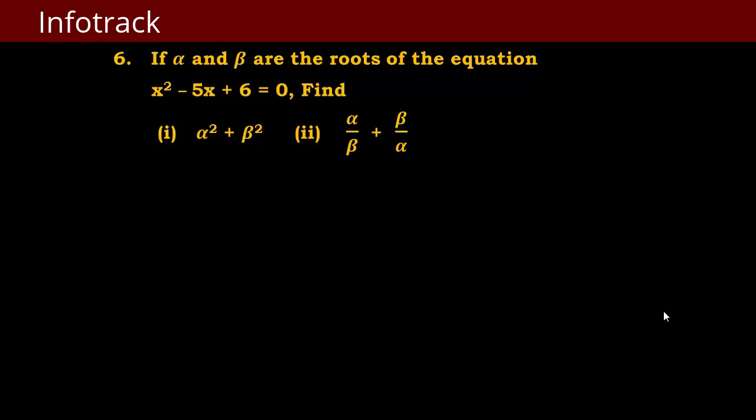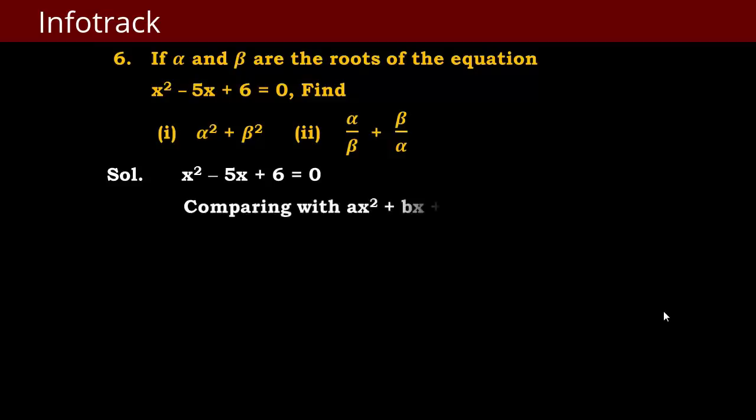So the given quadratic equation is x square minus 5x plus 6 is equals to 0. Comparing with the standard form ax square plus bx plus c is equals to 0, we have a is equals to 1, b is equals to minus 5 and c is equals to 6.